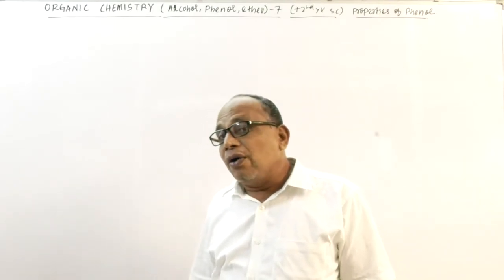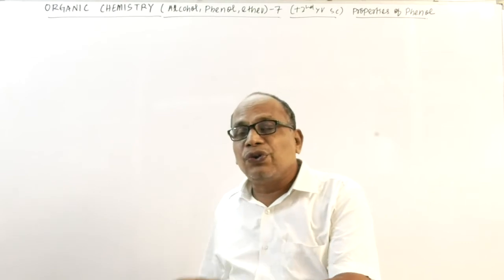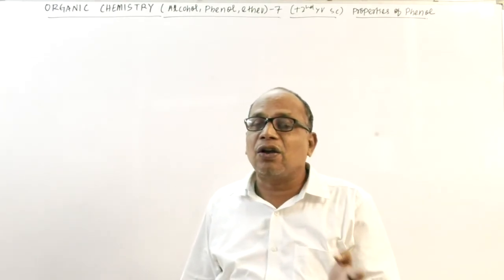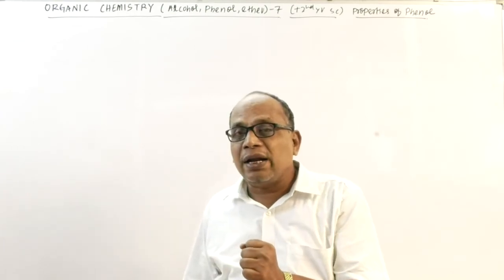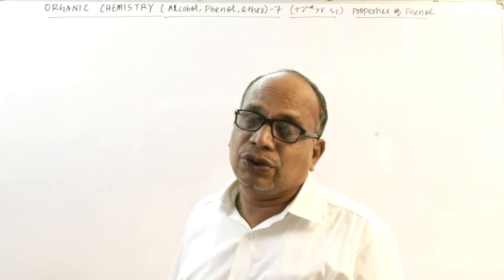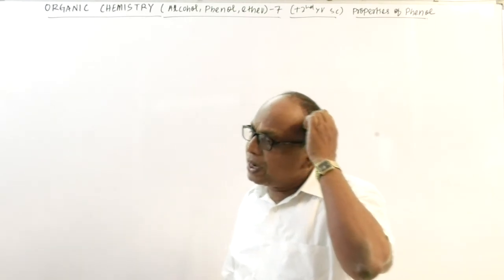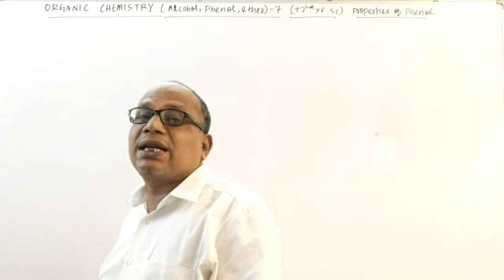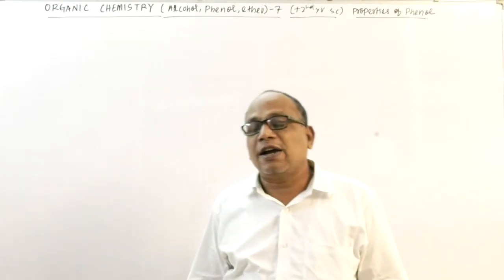You see how benzene converts to phenol, and aniline converts to benzene diazonium chloride by diazotization and then to phenol. So you can prepare phenol from various sources, and today we will discuss some chemical properties of phenol.